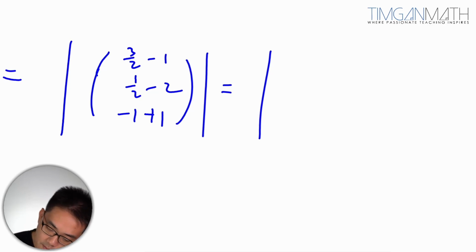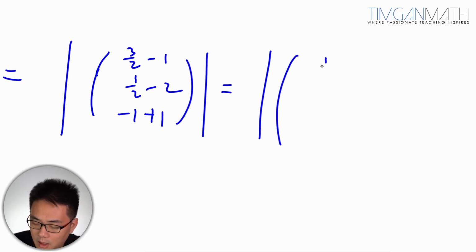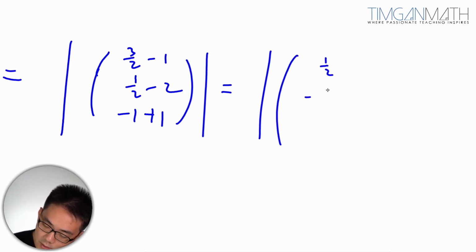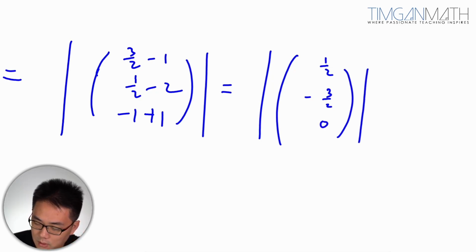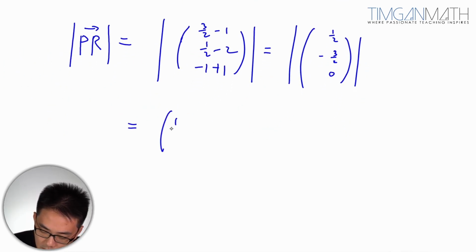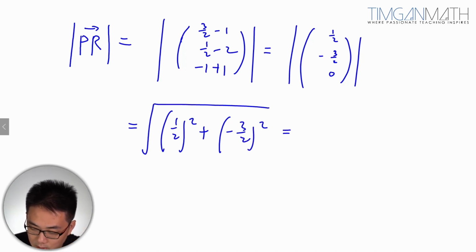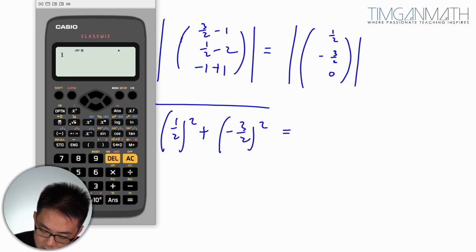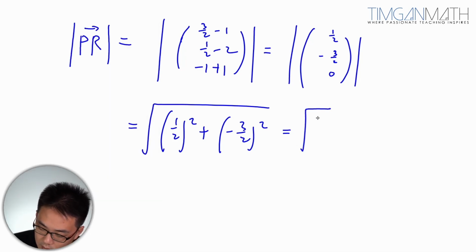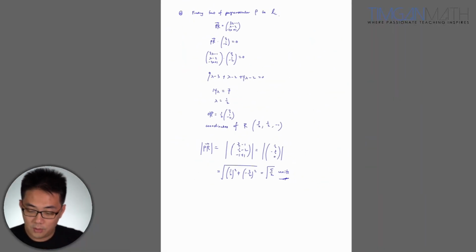So this would be (half, minus 3 over 2, 0). So this would be the square root of half squared plus negative 3 over 2 squared. I hope I don't have any careless mistake, but we will see. 10 over 4, so root 10 over 2 units. Okay, so this is how you do this question proficiently.